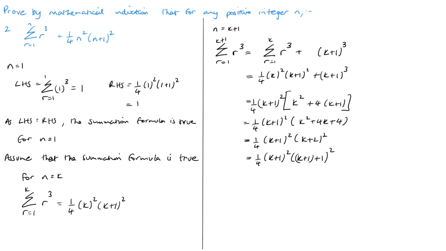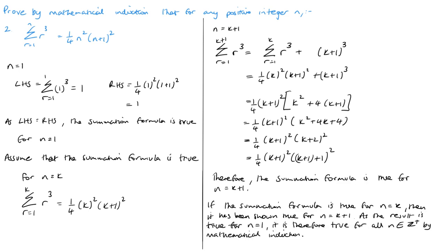Okay, so that's the third step, the mathematical induction. All that's to follow is that therefore the summation is true for n equals k plus 1, and then my conclusion. And here we have now that final step there.